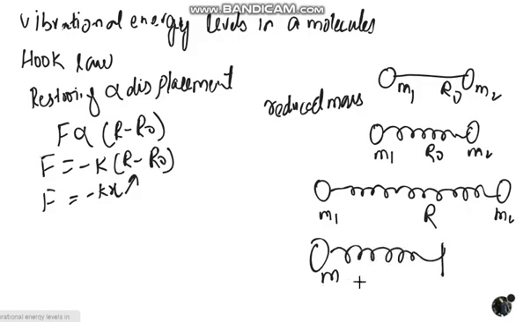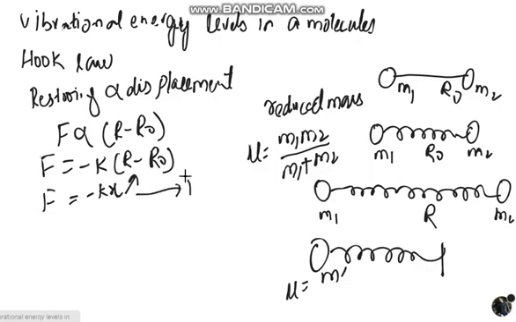This mass can be represented by m prime, m bar, or mu. So mu is equal to m1 m2 divided by m1 plus m2. This is the equation of Hooke's law, and this is equation number 1.